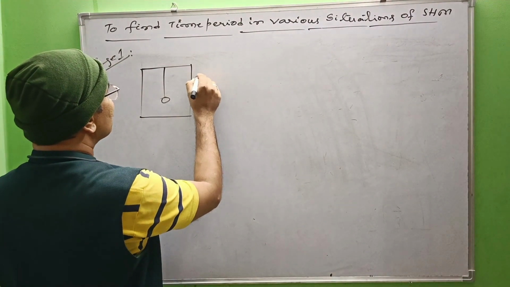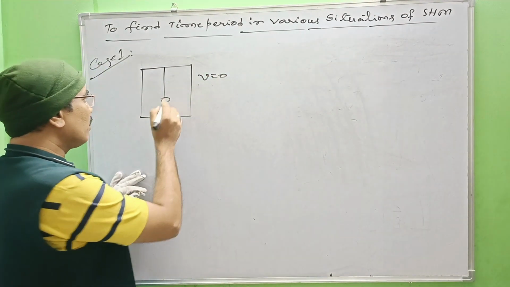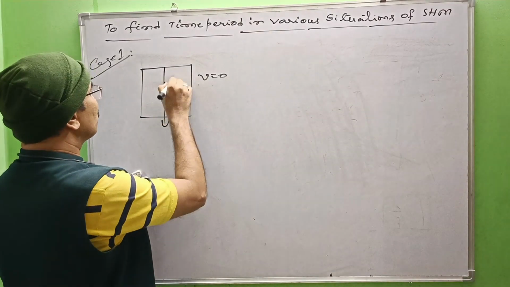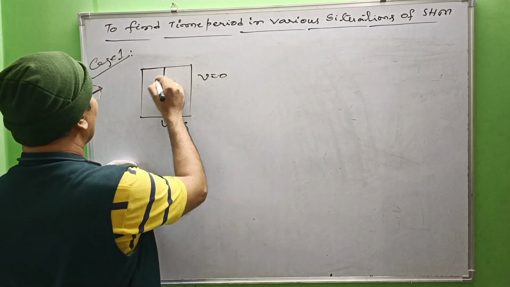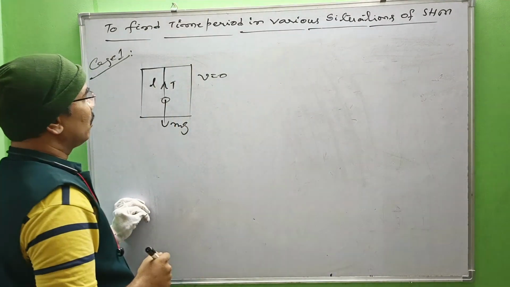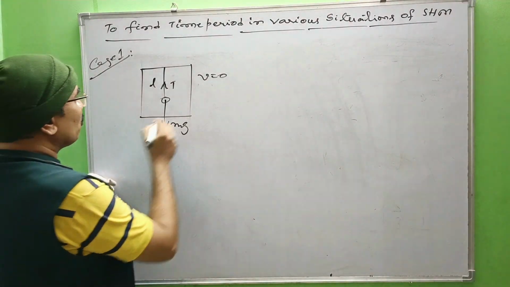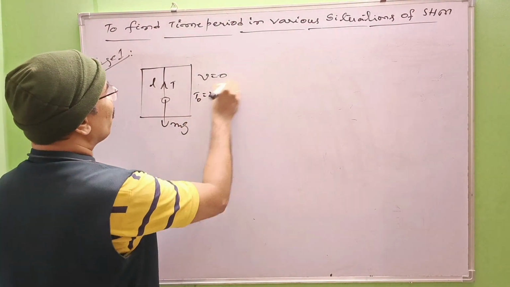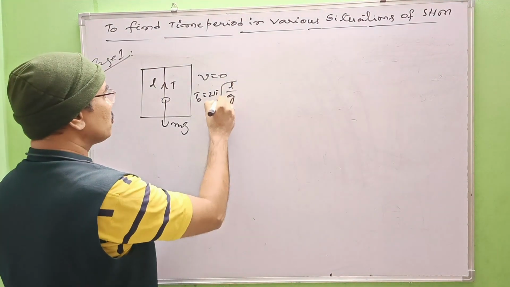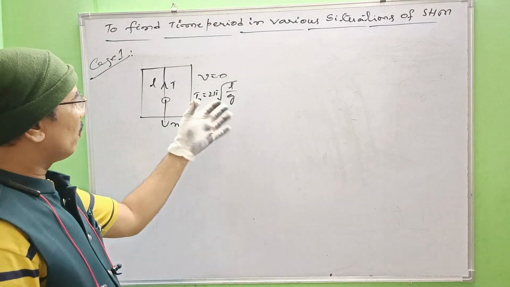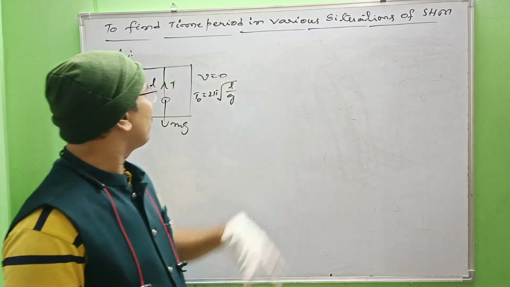Now the elevator is at rest, for example. What are the forces acting here? Vertically downwards mg, upwards T, right? Now the length of the simple pendulum is L. What is the time period here? T naught equal to 2 pi root over L by g. L remains here. What is the acceleration due to gravity here? g. T naught equal to 2 pi root over L by g, the usual expression for time period, right?